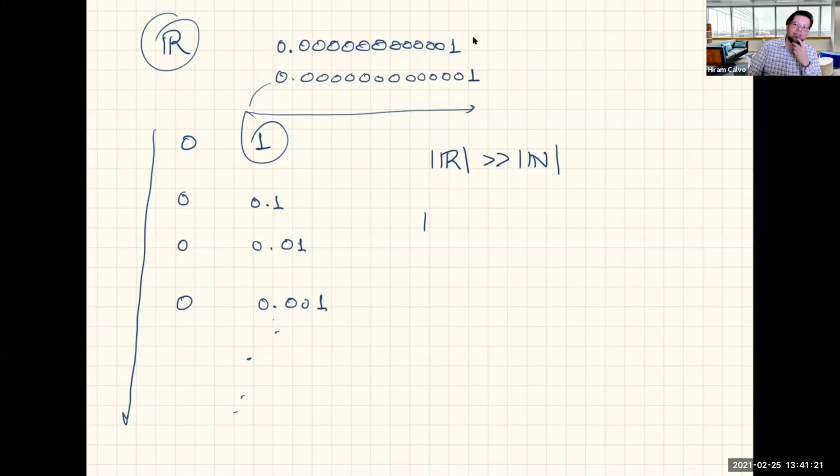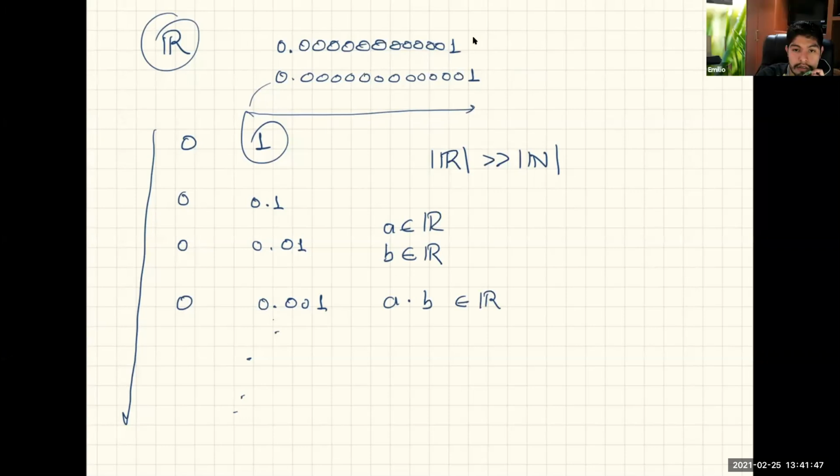Well, we are speaking about the total set. Maybe what you're asking is, if there is a number A which belongs to real numbers, and another number B belonging to the real numbers, if you multiply A times B, will this result be a real number? This is the question. Well, yes, in this case, real numbers are closed under the operation of multiplication.